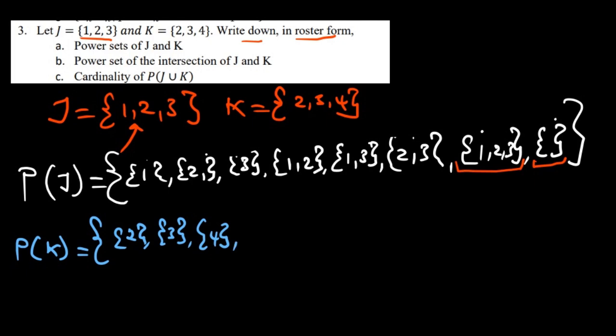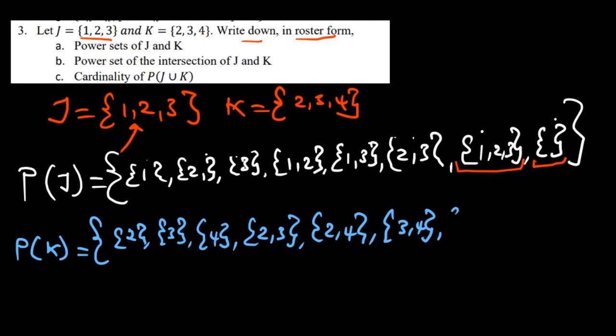Let's combine the 2 and the 3, so we have {2, 3}, and then we can combine the 2 and the 4, and then the 3 and the 4, and then we can get the whole set, {2, 3, 4}, and then we can also get the empty set. So this here is the power set of set K.